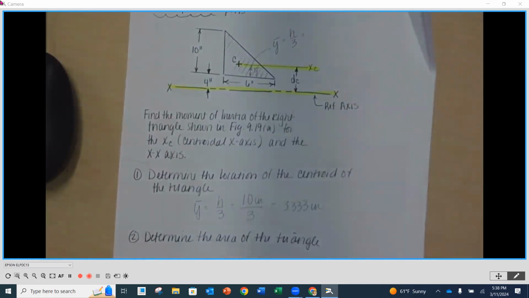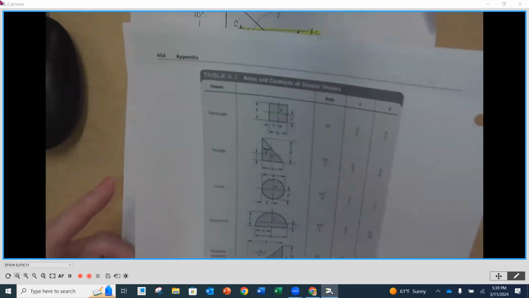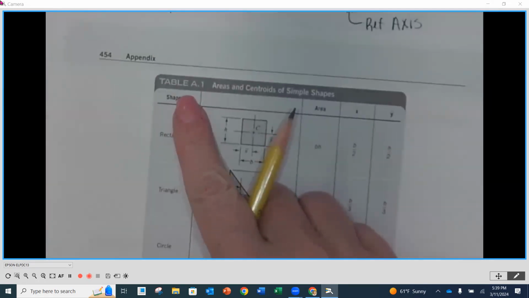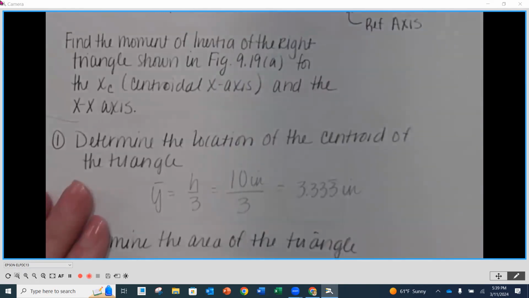The next step is to determine the area of the triangle. What's my equation for the area of a triangle? Base times height divided by 2. But again, if you don't remember, or you're just not confident, you can always look to table A1, the very first table, and the first column for that triangle is base times height divided by 2.